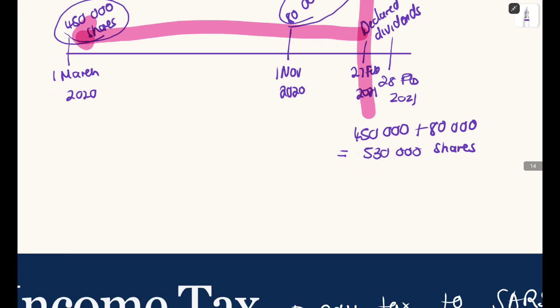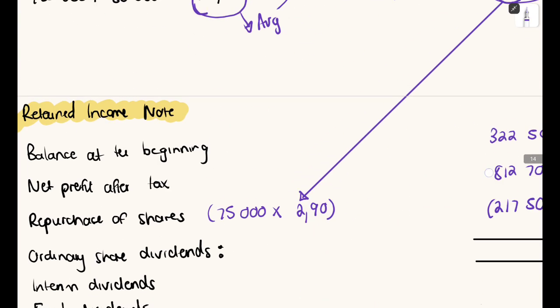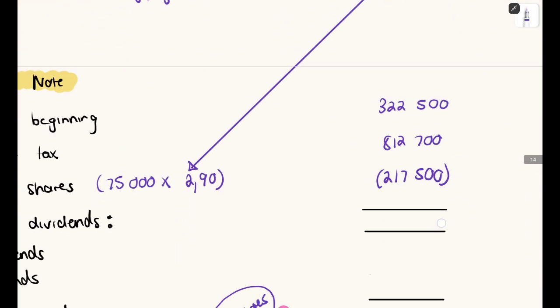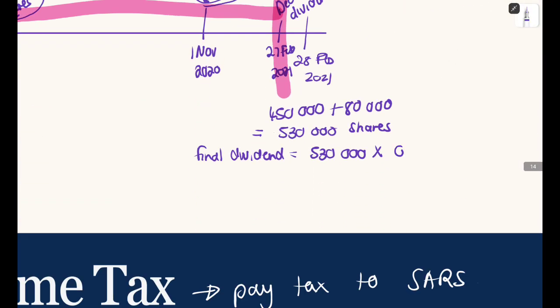So to find my final dividend amount, I take the 530,000 shares and multiply it by the rate they've given me. They told me the dividends are declared at 40 cents per share, so I multiply by 0.4. That gives me 212,000.